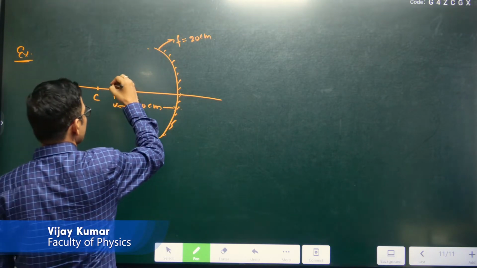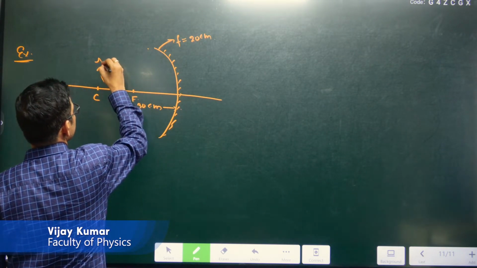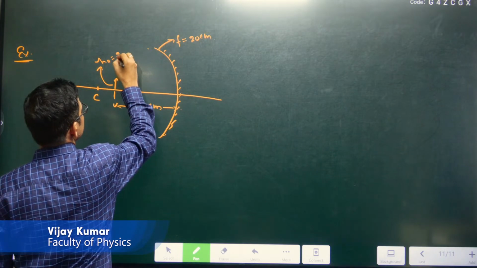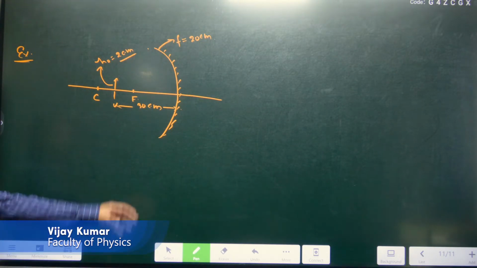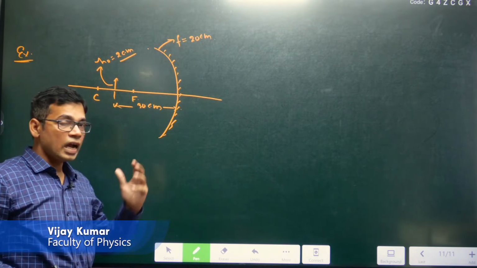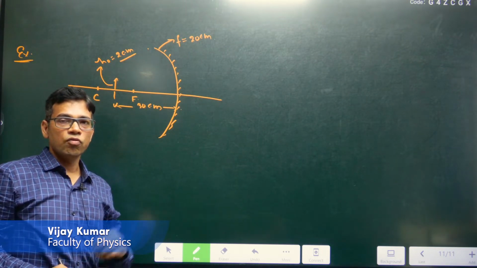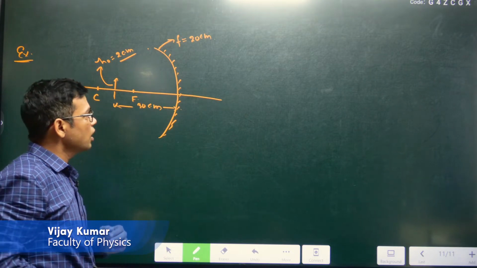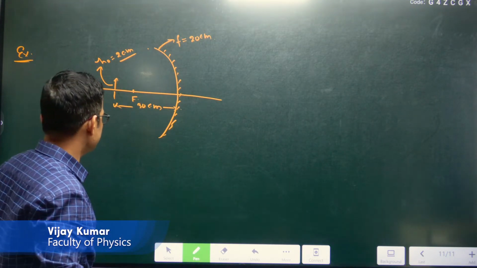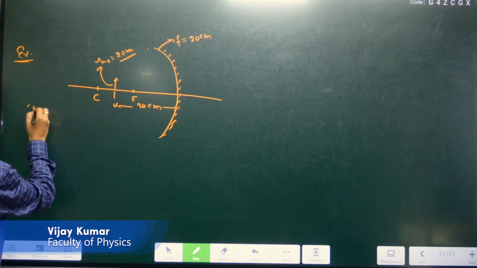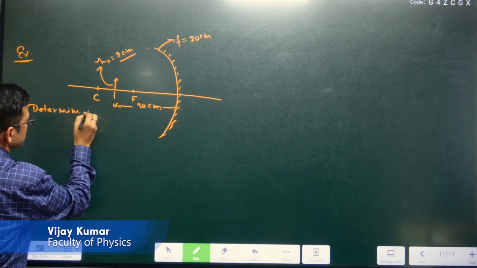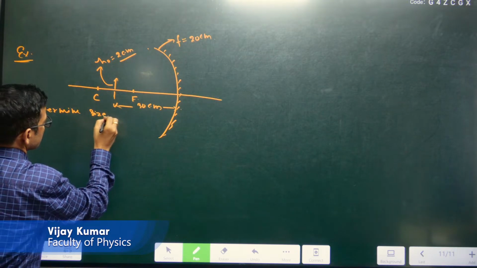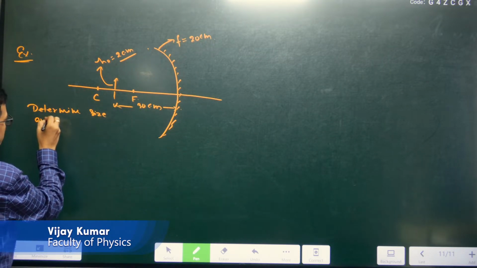Suppose the size of the object, this is your HO, is equal to 2 centimeter. In this problem, I have to determine the size and location of the image.